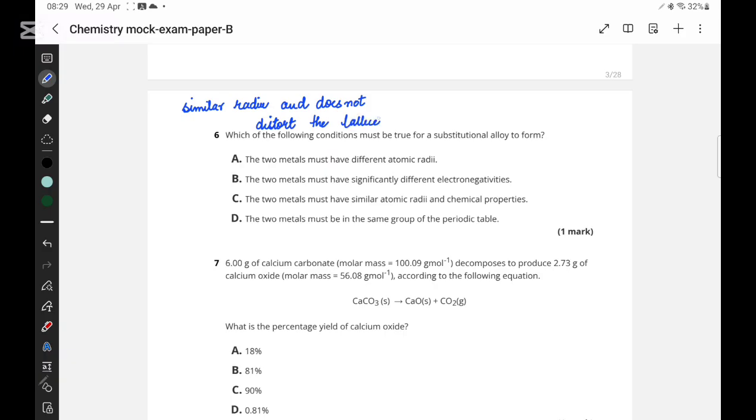The lattice structure remains the same. But for an interstitial alloy, because of the difference in atomic radii, they are going to distort the lattice structure. So which answer is going to be the right one? That is going to be C, that the two metals are going to have similar atomic radii and chemical properties as well. They need to have the same chemical properties as well.